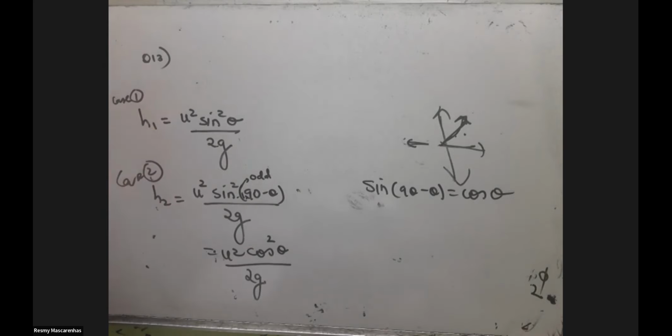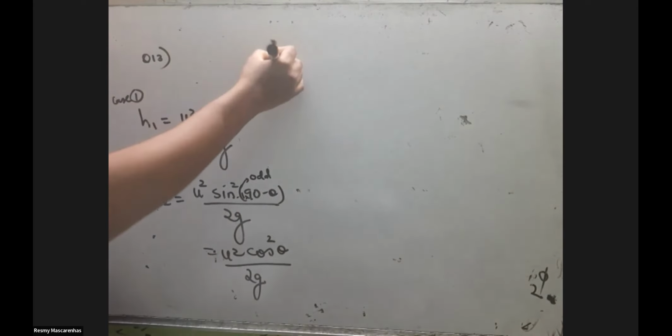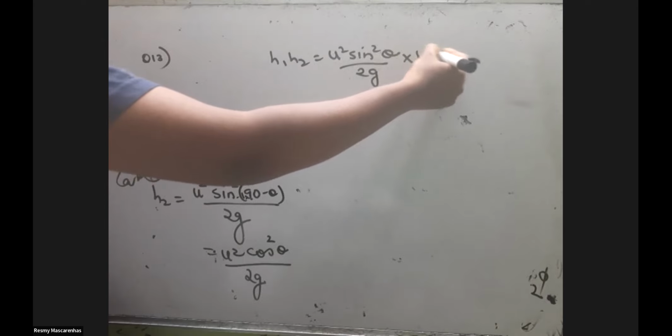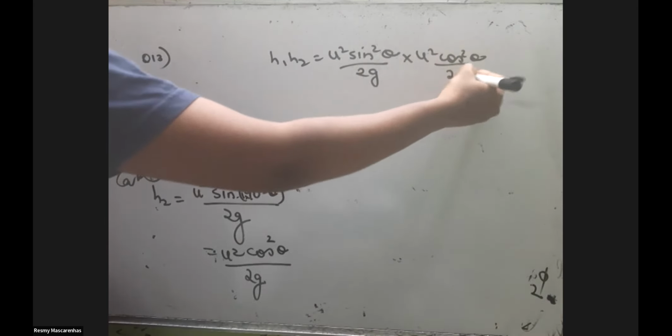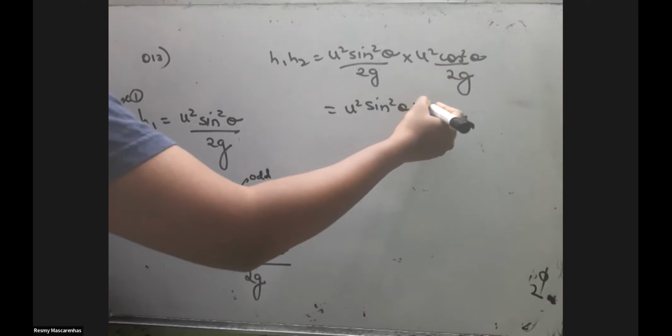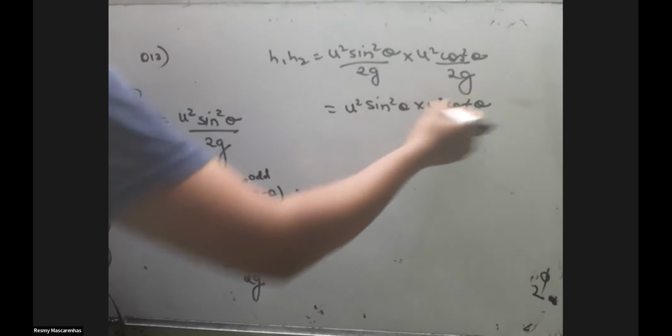Well, let us multiply the two heights. H1 H2 will be u square sine square theta upon 2g into u square cos square theta upon 2g. So everything is u square sine square theta into u square cos square theta.